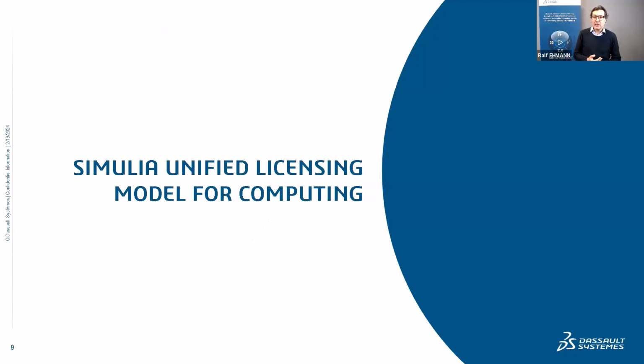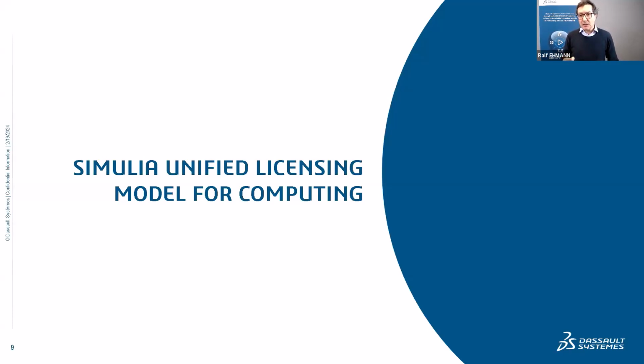We are able today to provide a scalable and flexible license scheme, which offers you a pool of tokens or credits, which is able to handle, for example, many jobs, if you want to accelerate through many cores or GPUs, or even if you have the complete tool set of SIMULIA, like all CST solvers, like Opera solver, like Abaqus and PowerFlow. This is the reason why we have introduced the SIMULIA unified license model for computing.